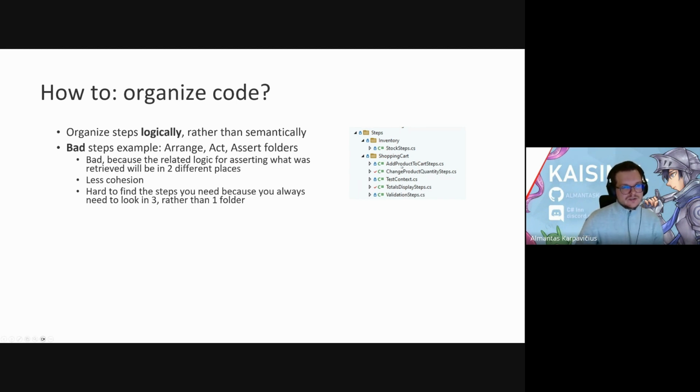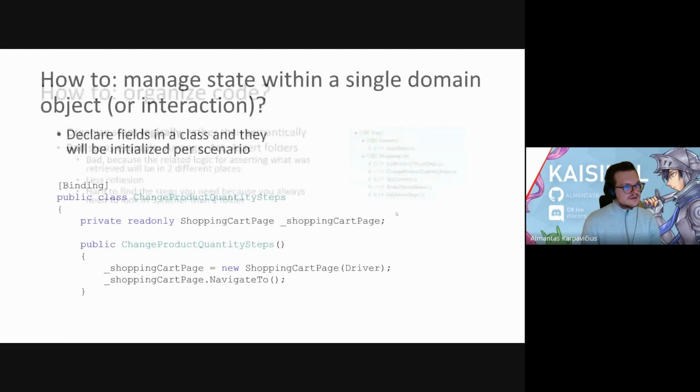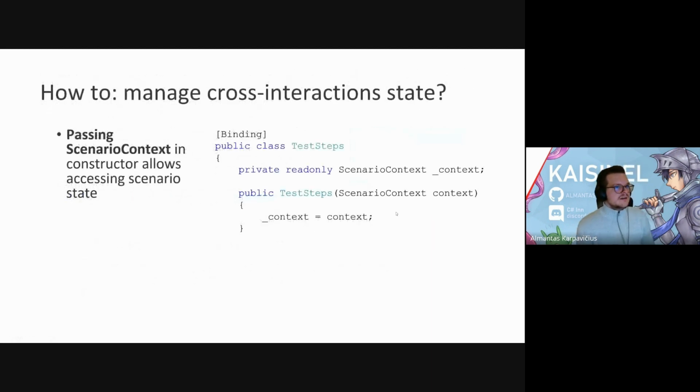Each of those is a distinct domain responsibility, but arrange, act, and assert steps, if needed, are all in those. There is no segregation between arrange, act, and assert. So that's quite an important thing.